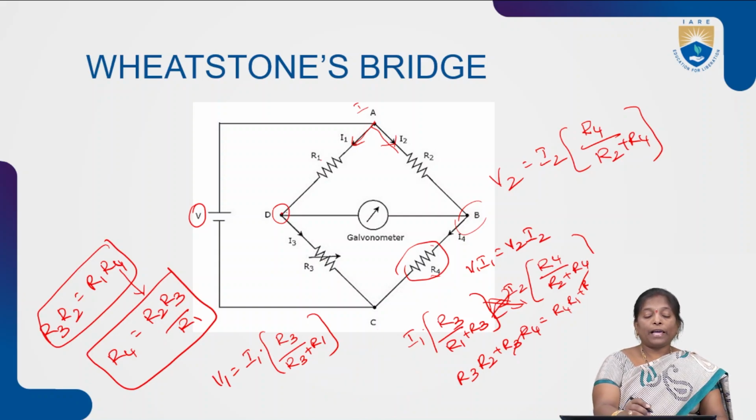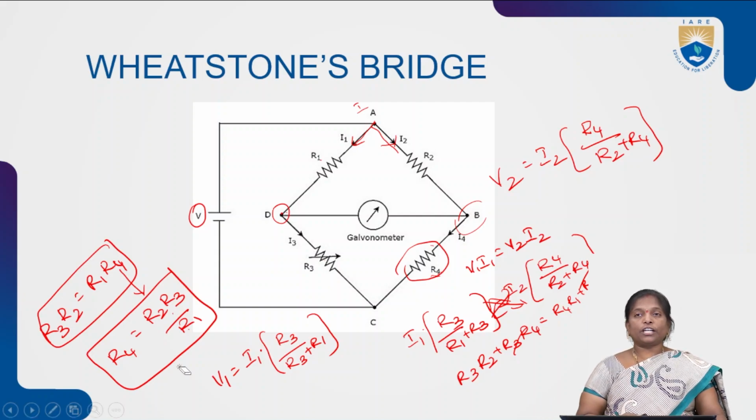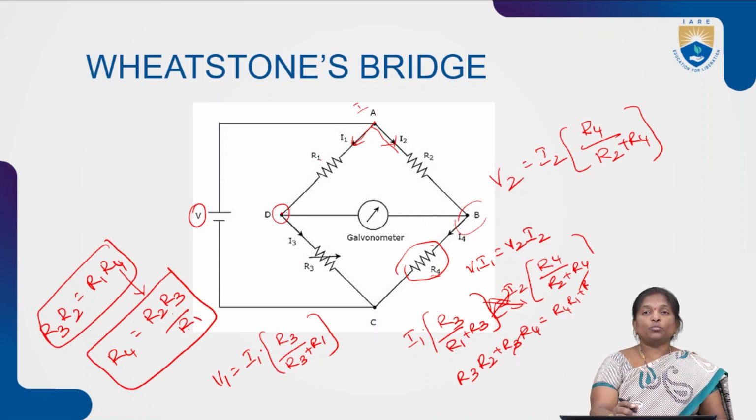So the balanced condition for the bridge is unknown resistance R4 equal to R2 into R3 by R1. To obtain this balanced bridge condition, initially we are assuming that equal current will be passing across the first and second arms, that is I1 and I2.